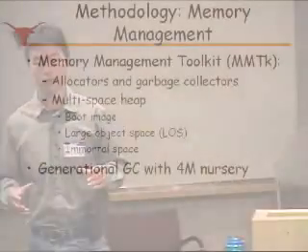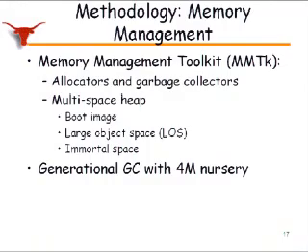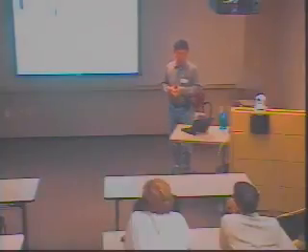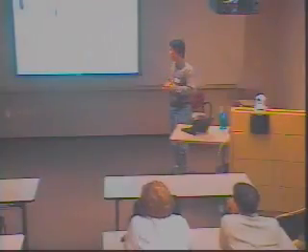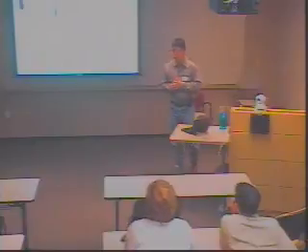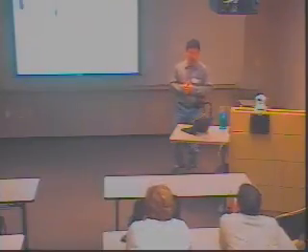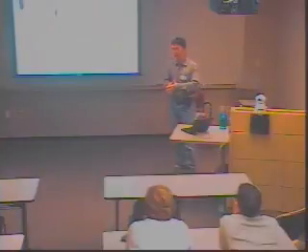Because in Eeckhout's paper, it shows that if we measure the first iteration, the compiler activities will dominate the performance. And for the memory manager, we use MMTk, which is an infrastructure with a collection of allocators and collectors.